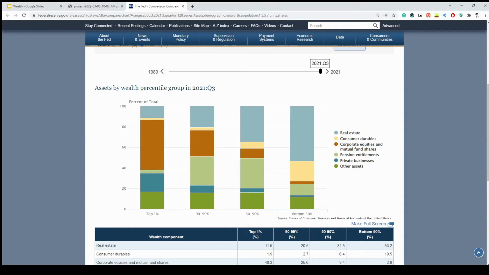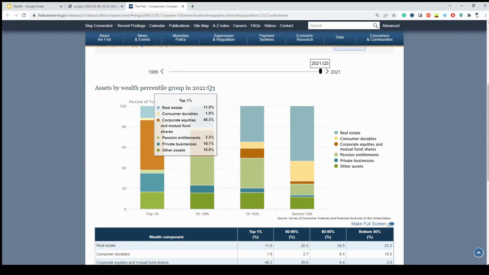Okay. I'm sure that you guys noticed that corporate equities and mutual fund shares are drastically more dominant in the top 1%. As we discussed earlier, income from capital is predominant in the top 1%. Real estate stake is minimal, and they are heavily invested in corporate equities and private businesses.